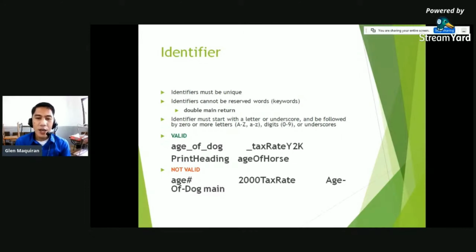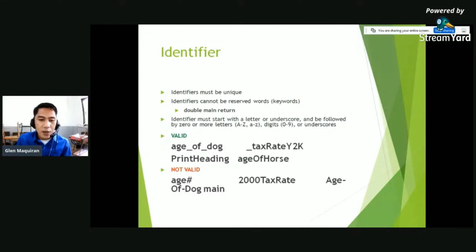So you can declare A, B, C, D, and so on. Digits from 0 to 9 or underscore. Valid, for example: age_of_dog. Or else underscore first. As long as you do not declare an identifier with the reserved words.